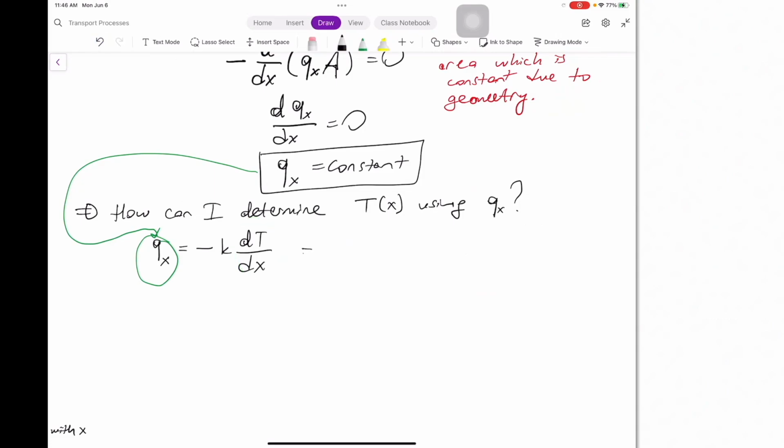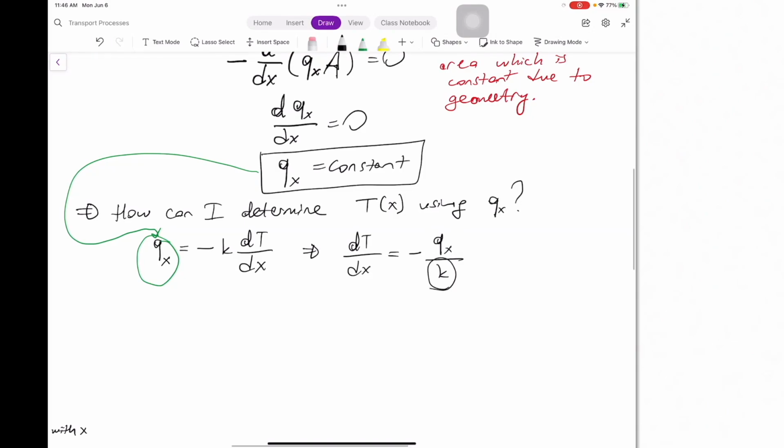So dT over dx is equal to minus qx over k, and we know that qx is constant for this problem, as we found, and let's take the k constant as well. And then we need to solve for T.